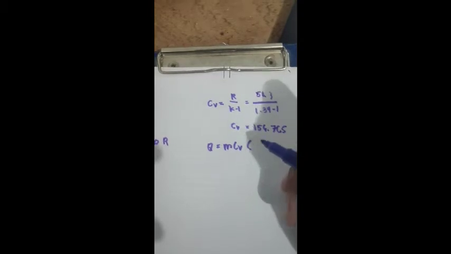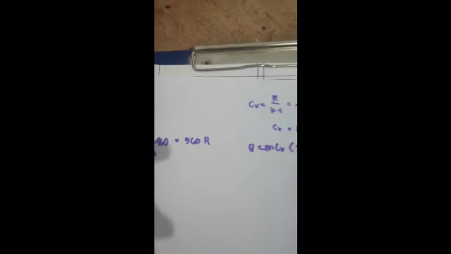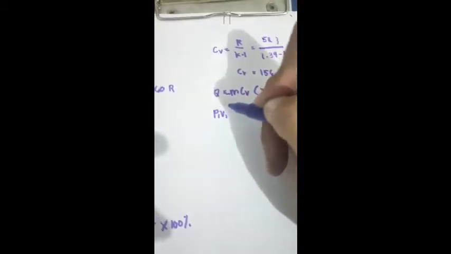So when you have the Cv, you can substitute it in the formula, which is Q is equal to negative m Cv times (T3 minus T2). But the mass isn't given, so you have to find the mass by using the ideal gas law. So P1 V1 is equal to m R T1.